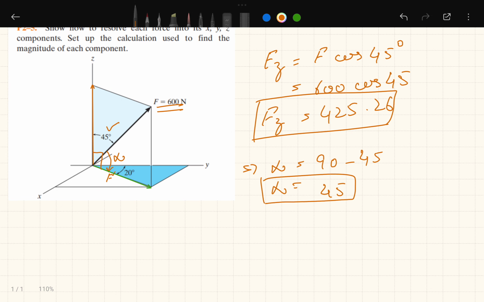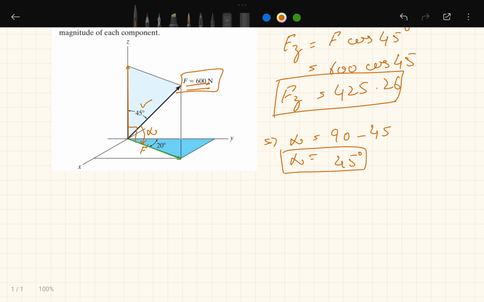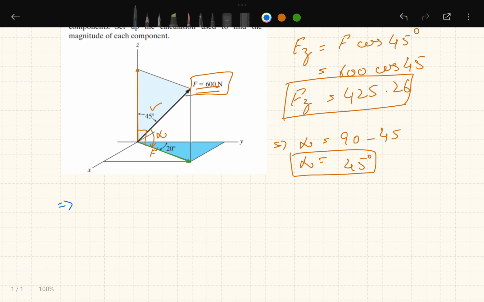Okay, so now we know the angle of F 600 with the F prime. F prime is the horizontal component of the F. If you consider this triangle, you have one side as this, the second side as this, and the third side as F prime.